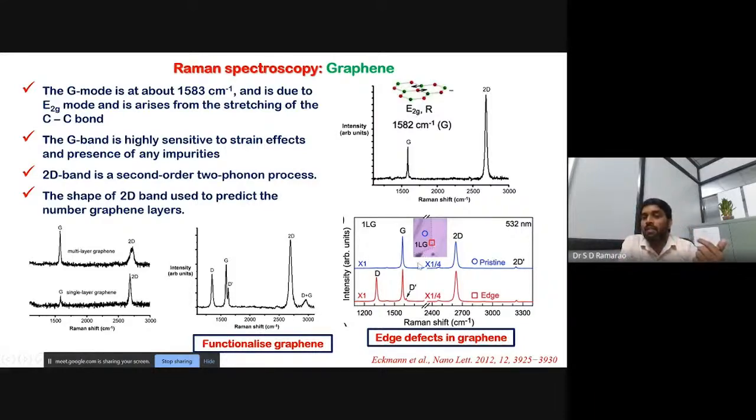At one place you get a spectrum similar to this one, whereas in another case you get defects or impurities. It's quite common that when you have prepared graphene, the edges will definitely have some functional groups. It's very difficult to remove them. That can be understood by seeing the D and D dash bands.